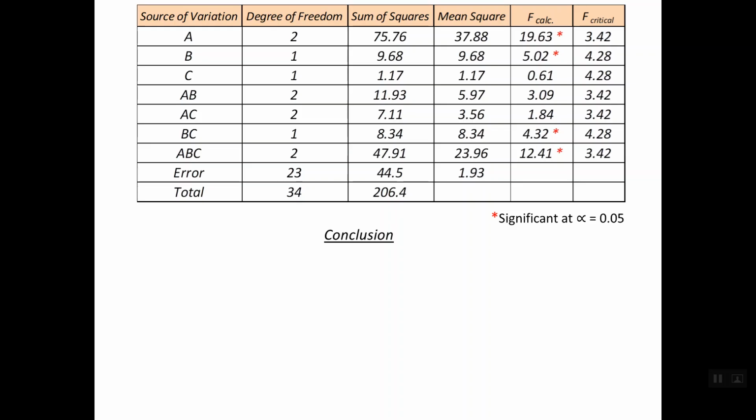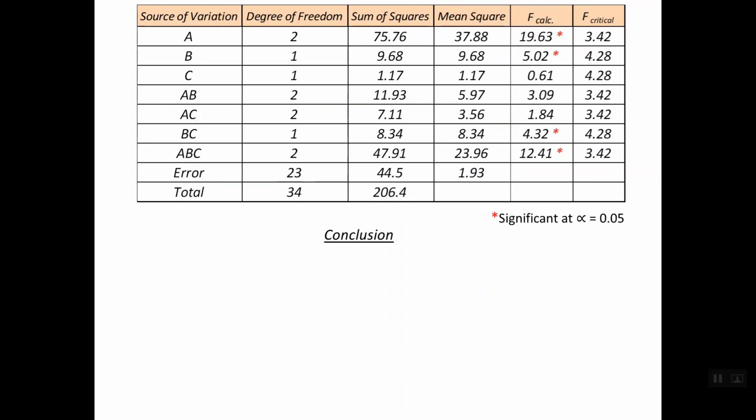It is very simple. We compare the calculated value of F with the critical one. If the value of the F calculated is greater than the value of F critical, we conclude that we have a significance for this variable.